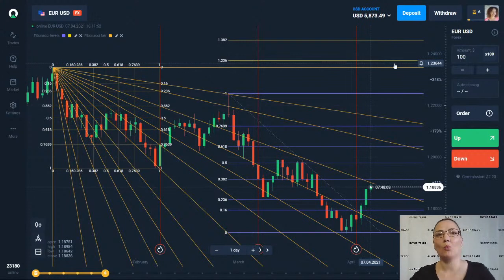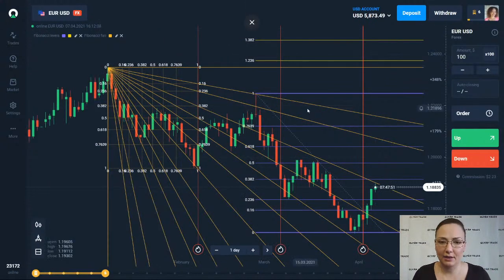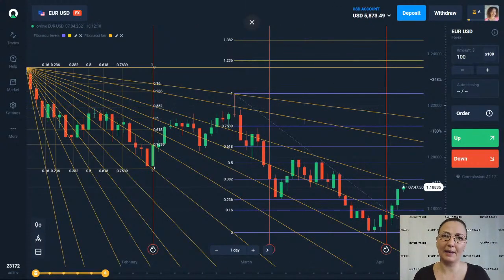So, my friends, once again, whenever the price is trading close to the golden ratio level of 61.8, we can expect a few things to happen. One of them is that the price may stall and travel sideways. Another thing that can happen is that the price may bounce from this level and continue with the previous trend.